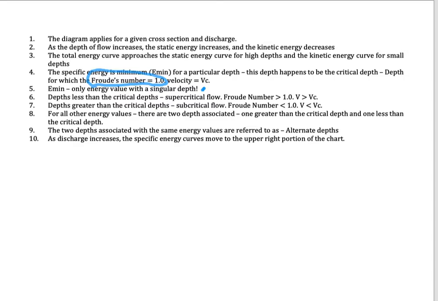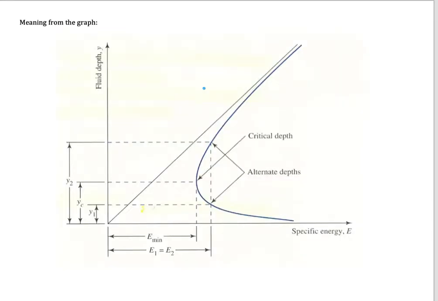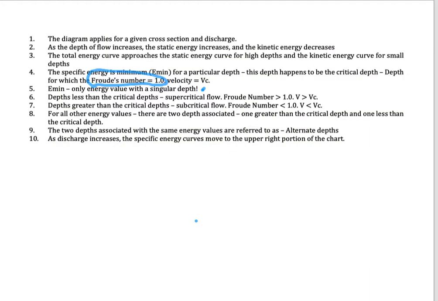Okay, depth less than critical depth, we call it supercritical because the Froude number is larger than 1. So the depth which is less than the critical depth, means at this area, the Froude number is larger than 1.0.